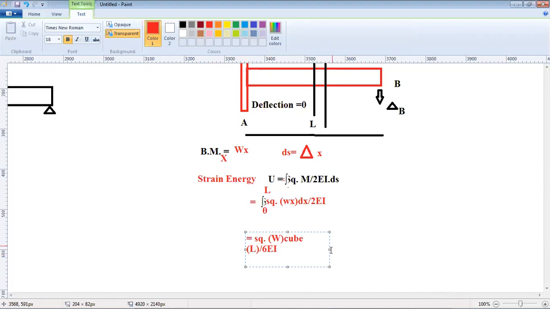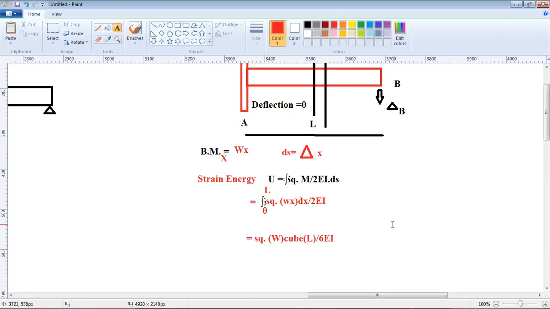You have to integrate this over dx. When you integrate, you get W into x square by 2, then again into W into x by 2, x by 3. So overall you will get W square L cube by 6EI.